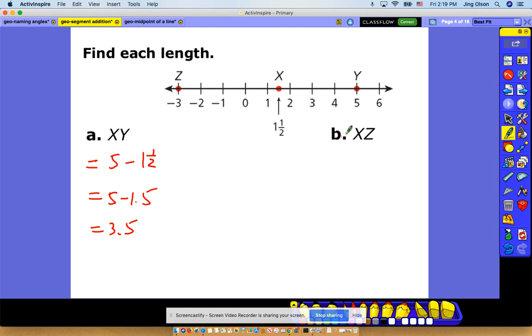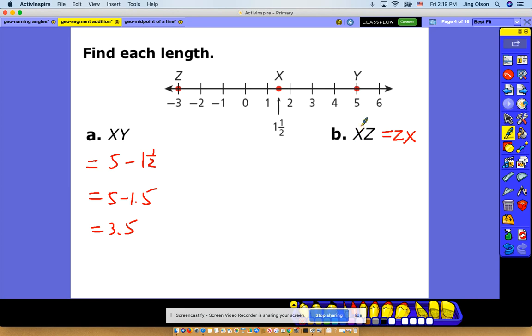X to Z. XZ, because this one's going backwards. You don't get a negative number, so XZ and ZX mean the same thing, okay? XZ means the distance. If you see a little bit different notation, like this one that doesn't have the bar, no bar means the distance. If it has the bar, that means the segment itself, okay?